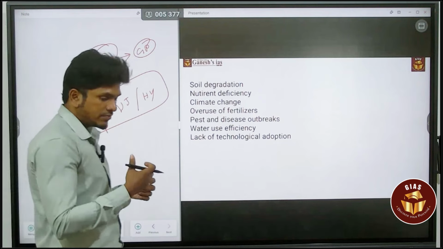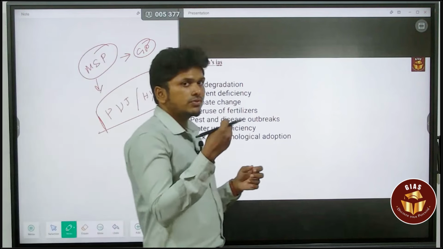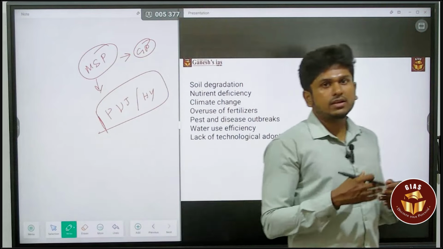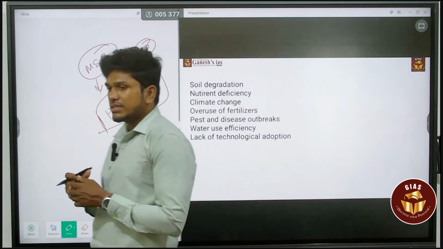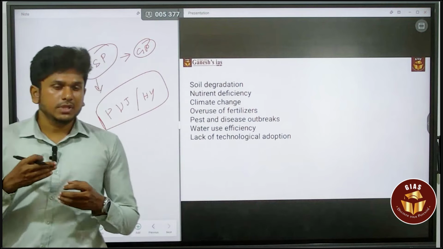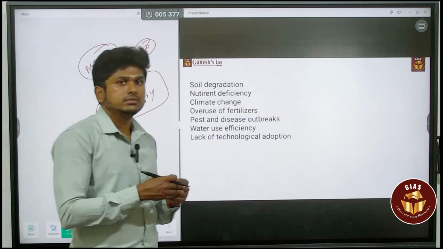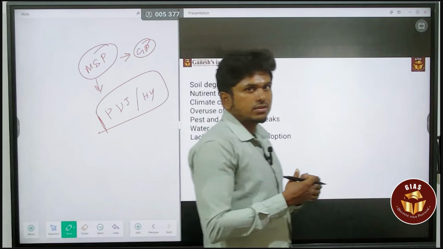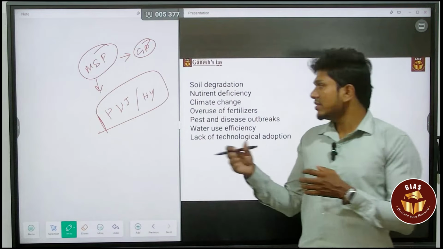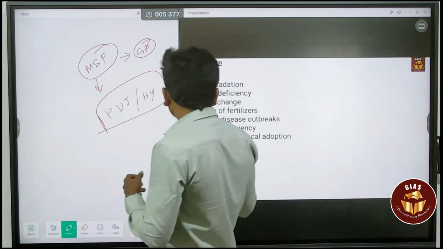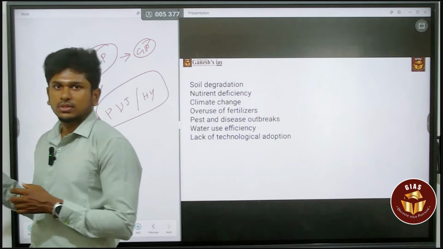That is also a reason for the loss of moisture in the soil, which leads to a reduction in the yield of the crop. And also climate change increases the resilience of pests and insects to survive in various climates. So by that way, there is an issue of pest and disease outbreak.